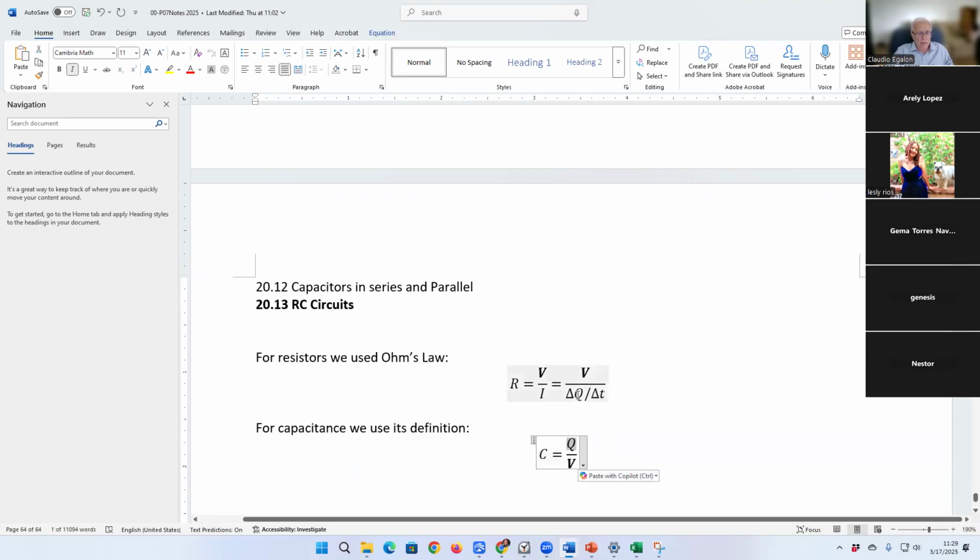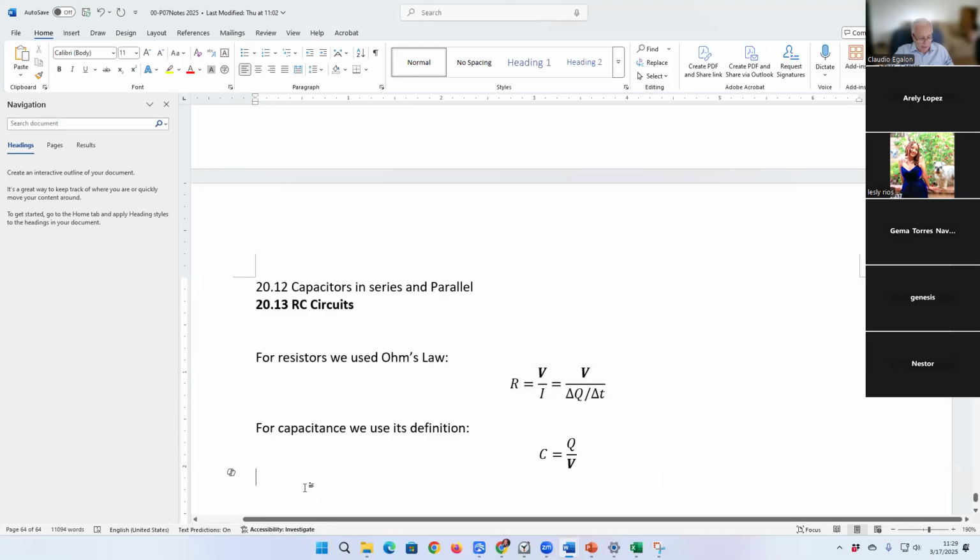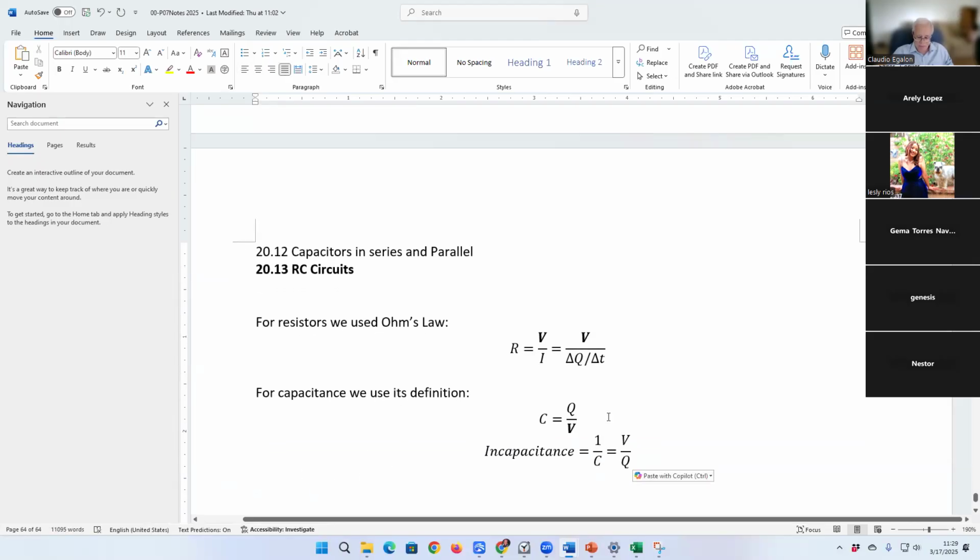The Q that's here is the same as this Q right in here. This V that's in here is the same as the V that's in here. Okay? And notice that if we define what I call an incapacitance, which is the inverse of the capacitance, we notice that the V is going to be at the top, just like we have the V at the top here for the resistor. And the Q is going to be at the bottom, just like we have the Q at the bottom here.